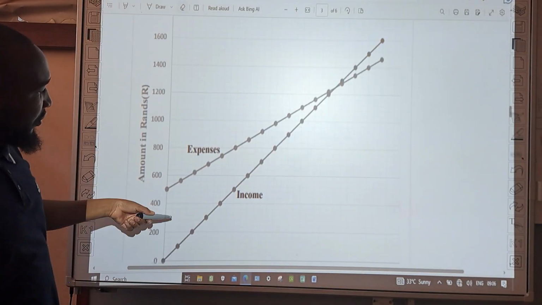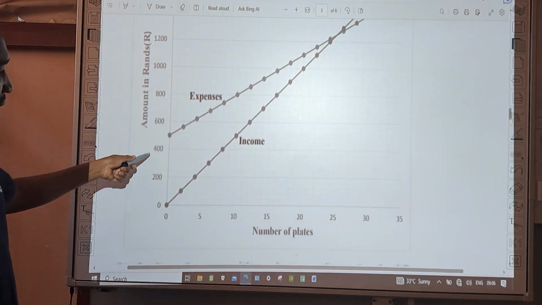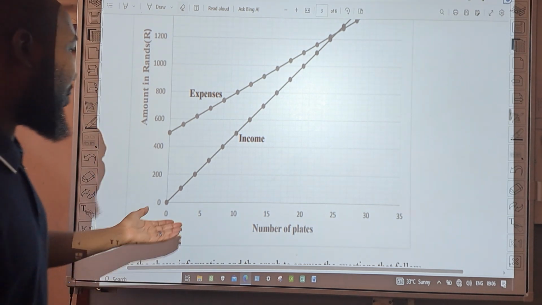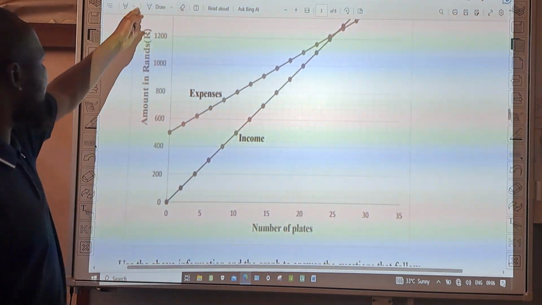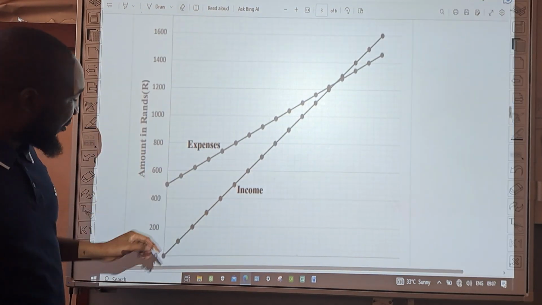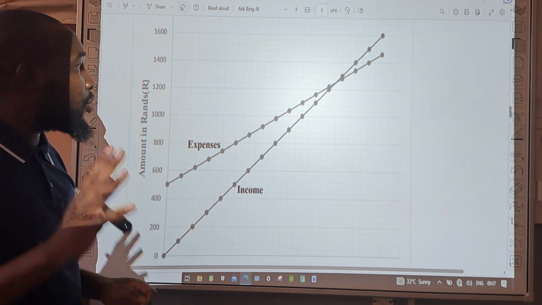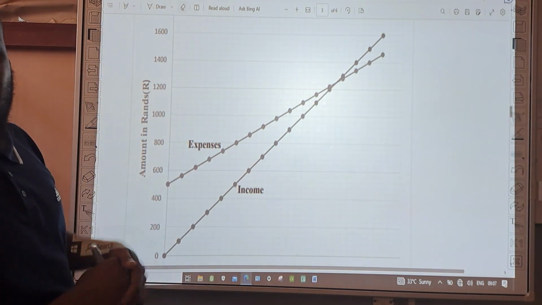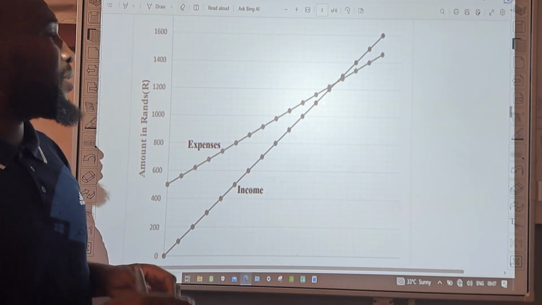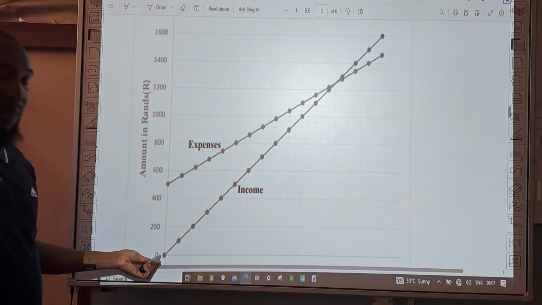Okay, let's move down. So here is the graph. So on the graph, we have our number of plates. There's our x-axis. Underneath, then we have the amount in rands. And then we have these two graphs, the income graph and the expense graph. Normally, my advice is when you are given a graph, especially the income and the expense graph, the income graph always starts at 0.